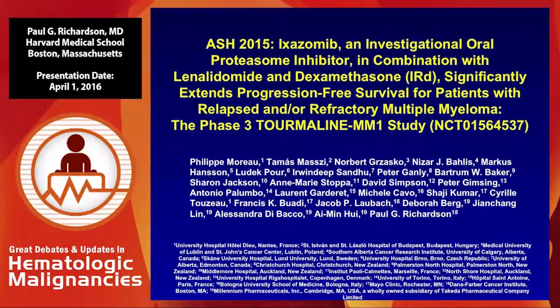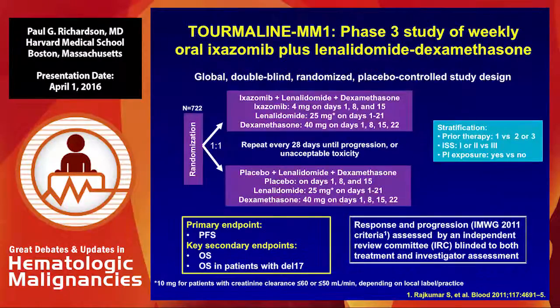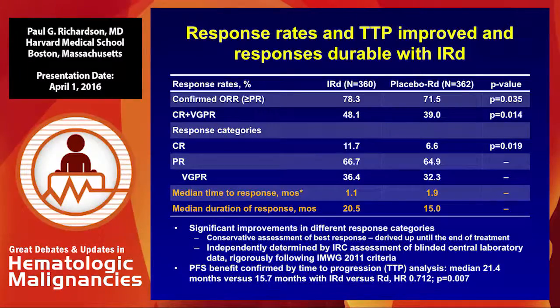The trial that drove Ixazomib's approval, led by my colleague Philippe Marrow, was presented at ASH in December, and I'm very pleased to tell you it's currently now in press in the New England Journal. And the bottom line is Philippe showed beautifully in this study basically response rate differences in favor of the Ixazomib lenalidomide dexamethasone combination, and these were significant.